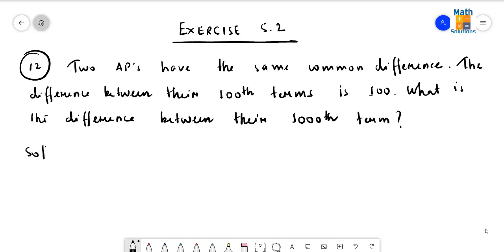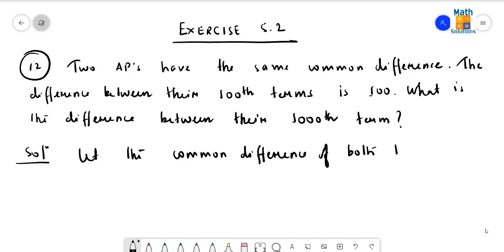So coming to the solution part, what is given here? Two APs are having the same common difference. So we shall be writing here, let the common difference of both the APs be d. Then after, what is given?